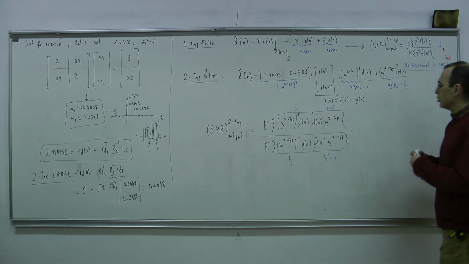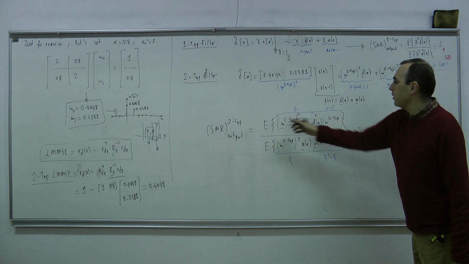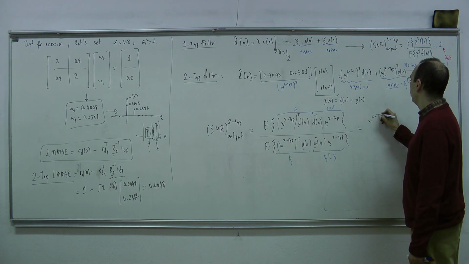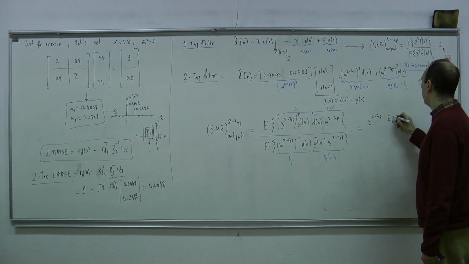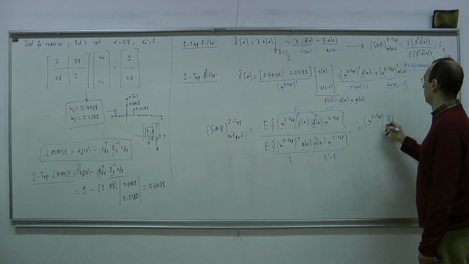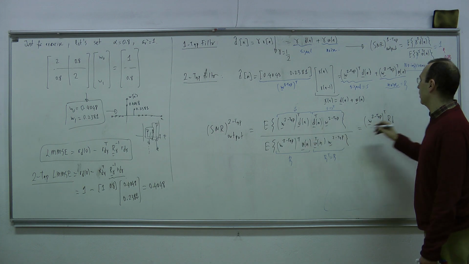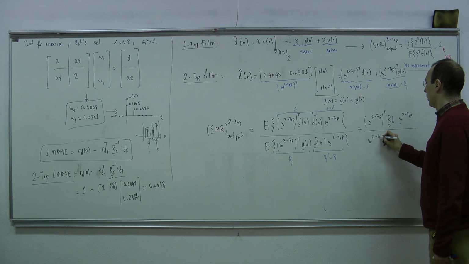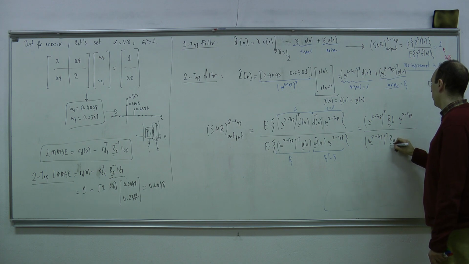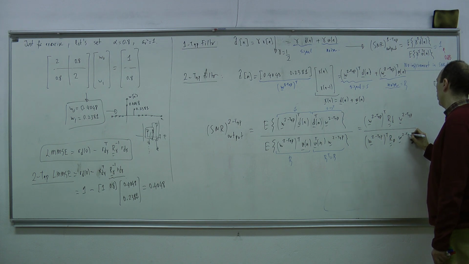I have that. So why am I doing this? Now I can take these W2 tap out, and I have RD over here. This times that. W2 tap transpose divided by W2 tap transpose RV W2 tap.